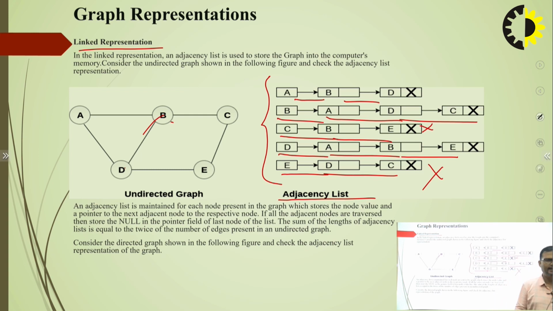An adjacency list is maintained for each node present in the graph, which stores the node value and a pointer to the next adjacent node of the respective node. When all the adjacent nodes are traversed, we store null in the pointer field of the last node of the list. The sum of the lengths of the adjacency lists is equal to twice the number of edges present in the undirected graph.